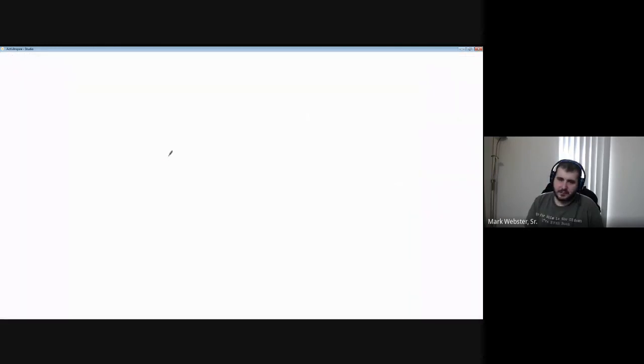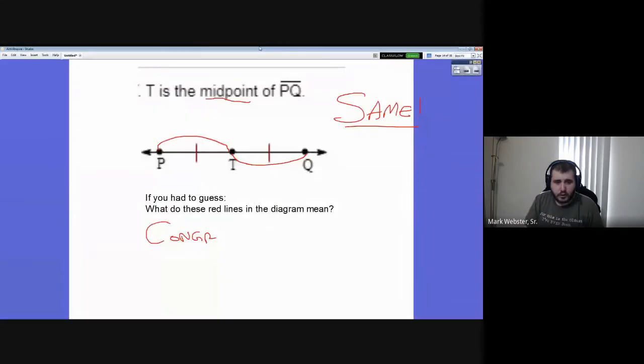So the segment PT and the segment TQ had better be the same size, right? In geometry, there's a word that we use. The word is congruent. Congruent just means that they're the exact same thing.